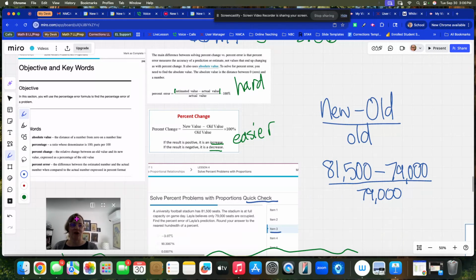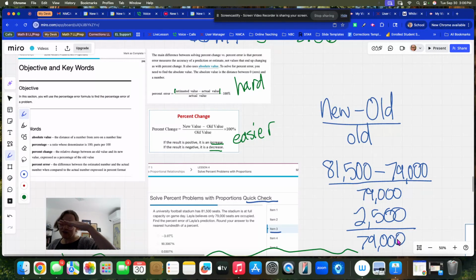Now I'm going to divide. Numerator divided by denominator. 2,500 divided by 79,000. So I'm getting this number, and it says round to the nearest hundredth. So let's talk a teeny bit about rounding.